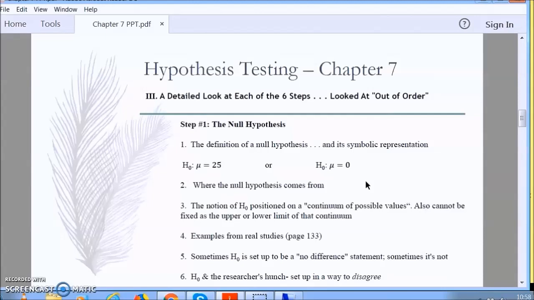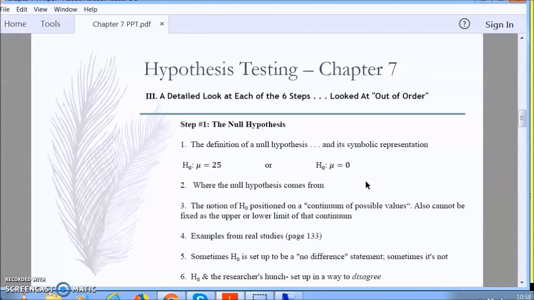The notion of H naught is positioned on a continuum of possible values. That means it has the restriction that it must lie somewhere on the continuum. It cannot be fixed at the upper or the lower limit. Look at page number 133, in which you see H naught colon variance equals negative 15 is not a possibility.